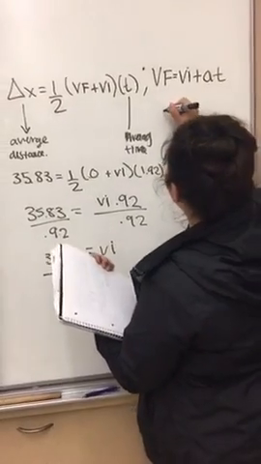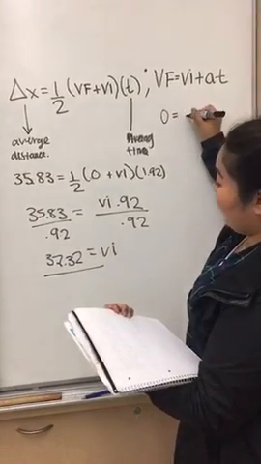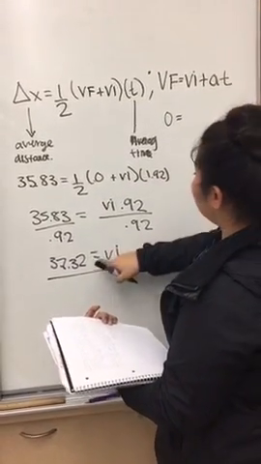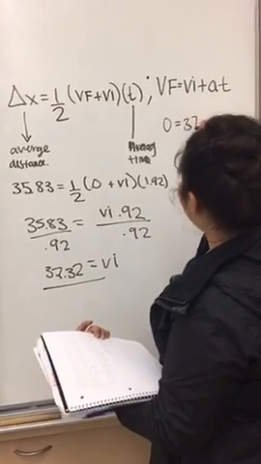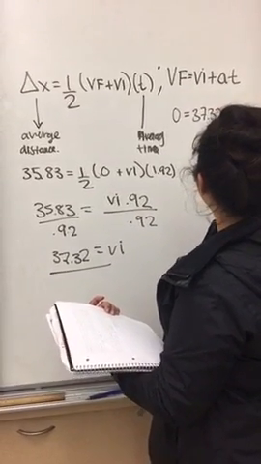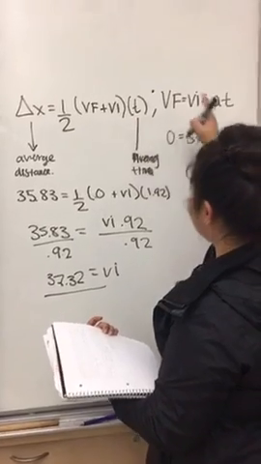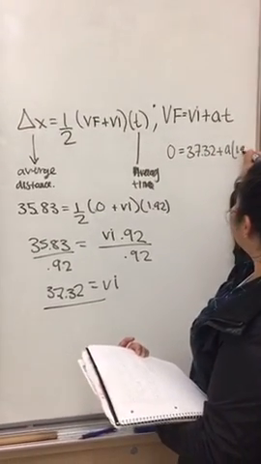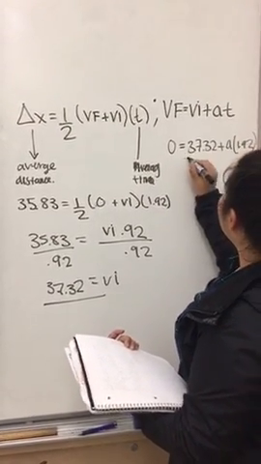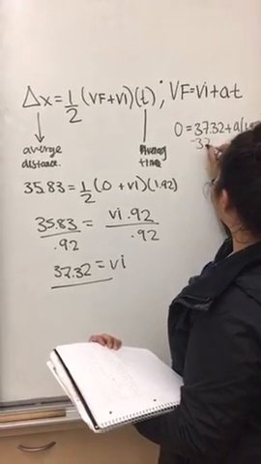So VF again is 0, and VI, which is this number, is 37.32, plus a times the time, again, 1.92. And then just do the algebra.